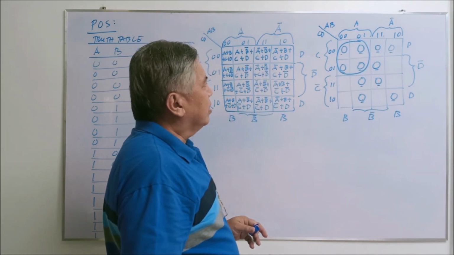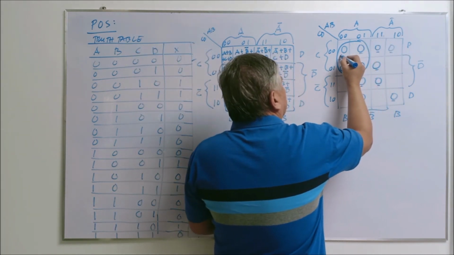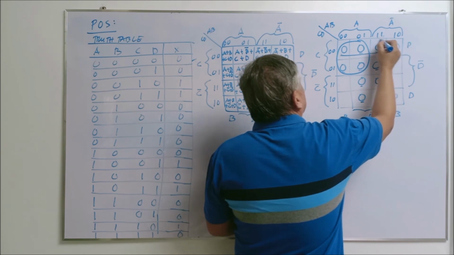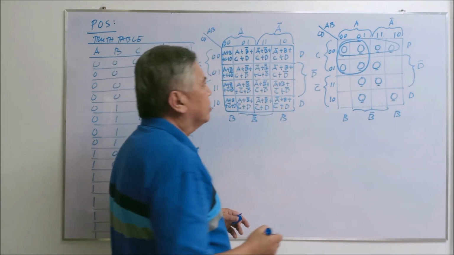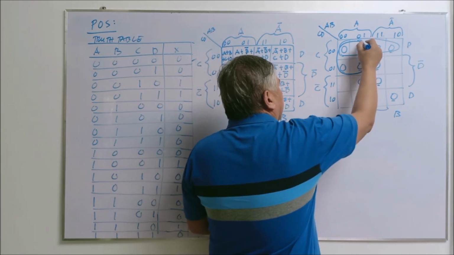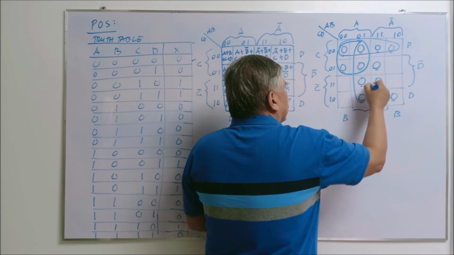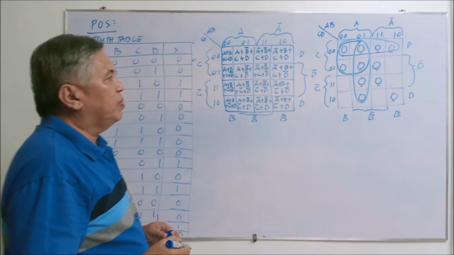Then, this one here. Then, what else? This one, 4 in line. Okay? So, the same, this is the SOP.